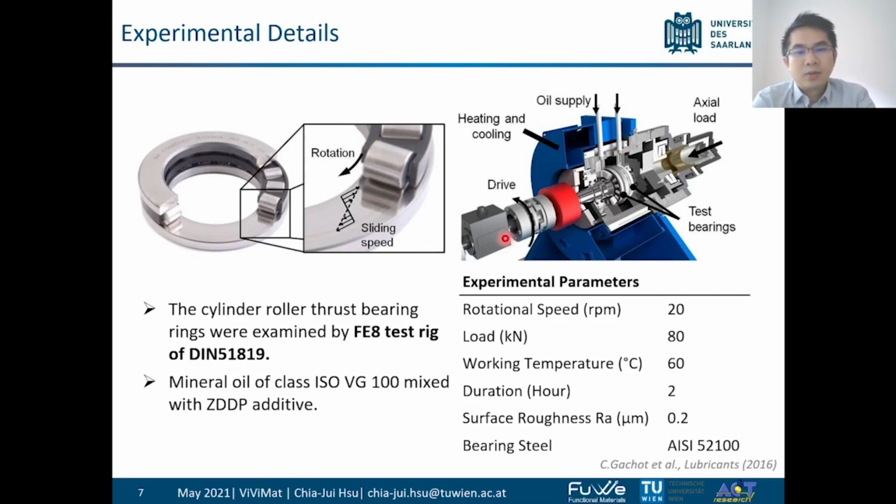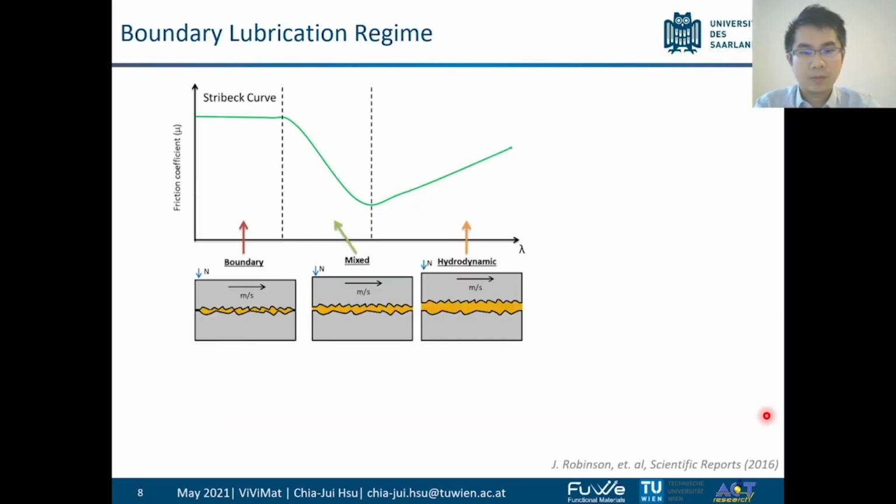It is called the FE8 test rig, according to a German standard, where we apply the load, oil, and rotational speed. More details you can find here. And the lubricant is mineral oil mixed with ZDDP additives.